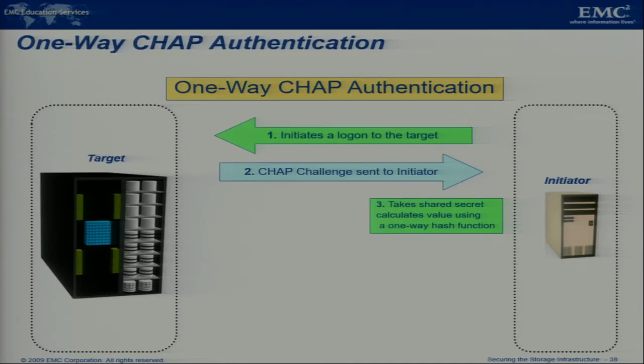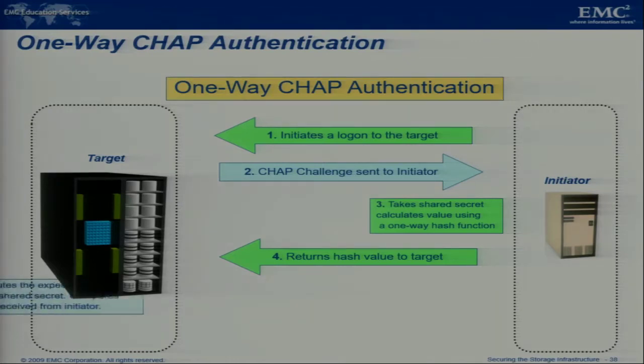An MD5 algorithm transforms data in such a way that the result is unique and it cannot be changed back to its original form. Once the hash value is calculated, the initiator returns the hash value to the target. This is the next step.